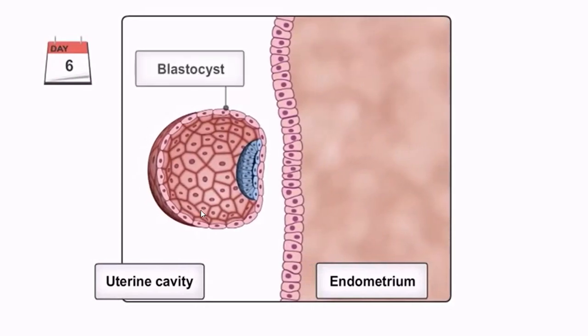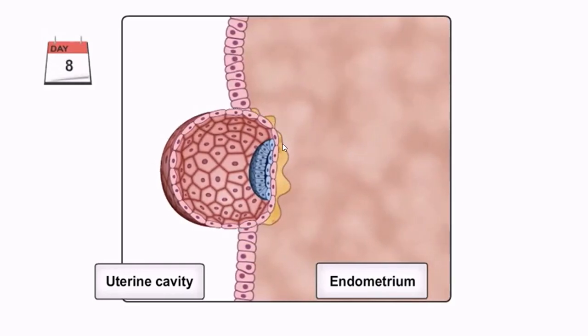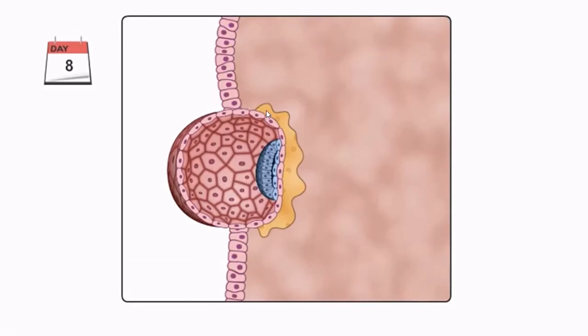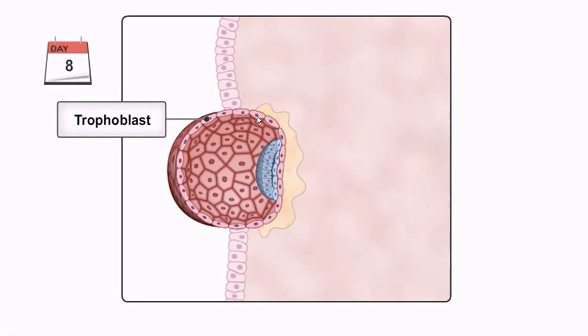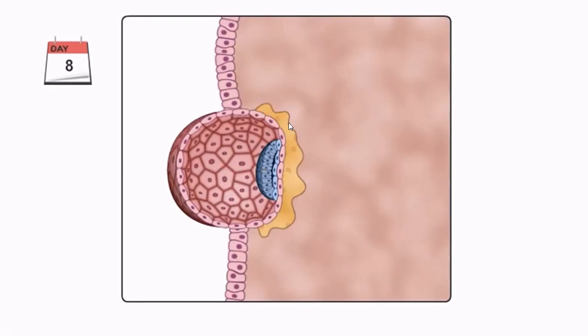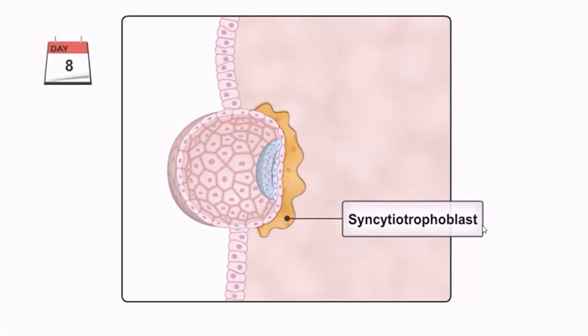When the trophoblast attaches to the endometrial wall, it starts the differentiation process. The trophoblast differentiates into two cell masses. One is named cytotrophoblast, which remains as trophoblastic tissue, and the other is syncytiotrophoblast.